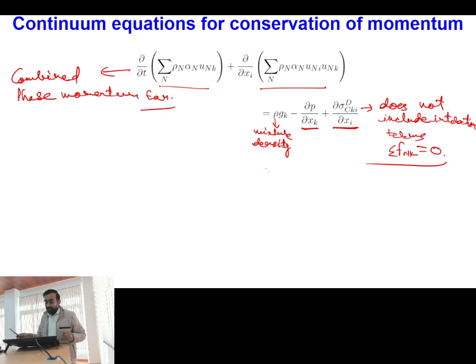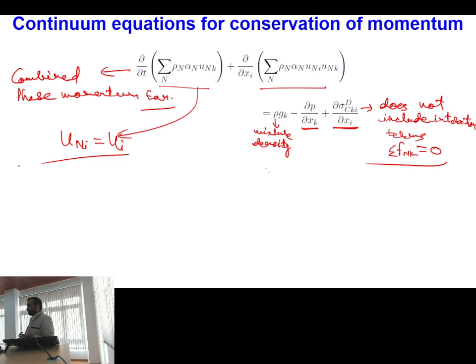In this combined phase momentum equation, if I make a simplification that u n i equals some velocity ui, like all the phases are having the same velocity, in that case, this combined phase momentum equation will result in an equation identical to that of the single phase momentum equation.